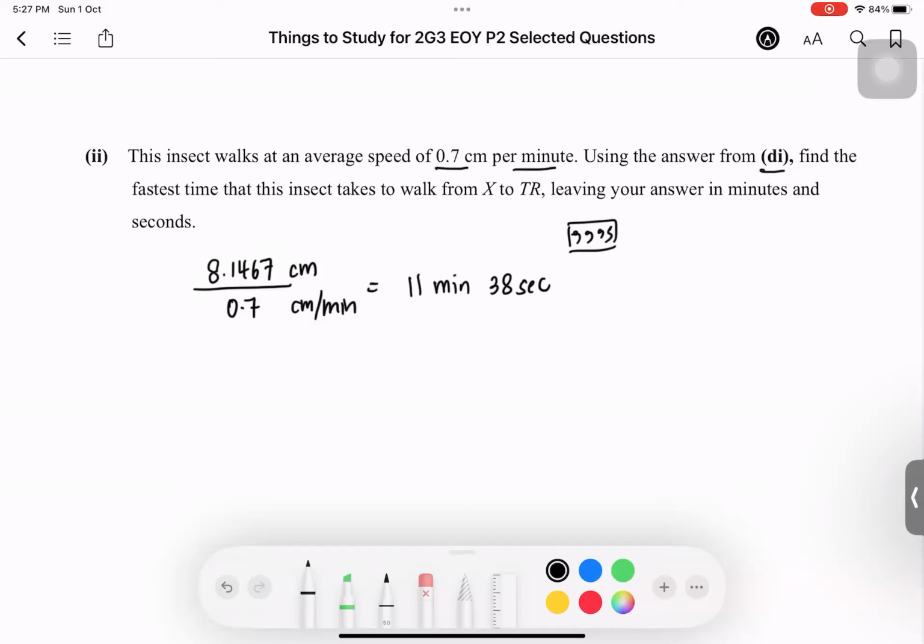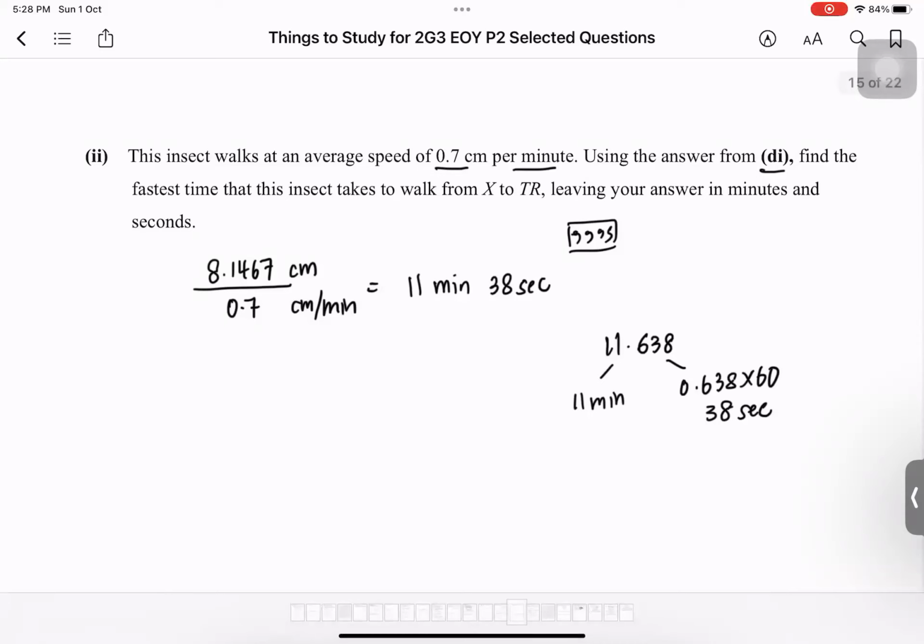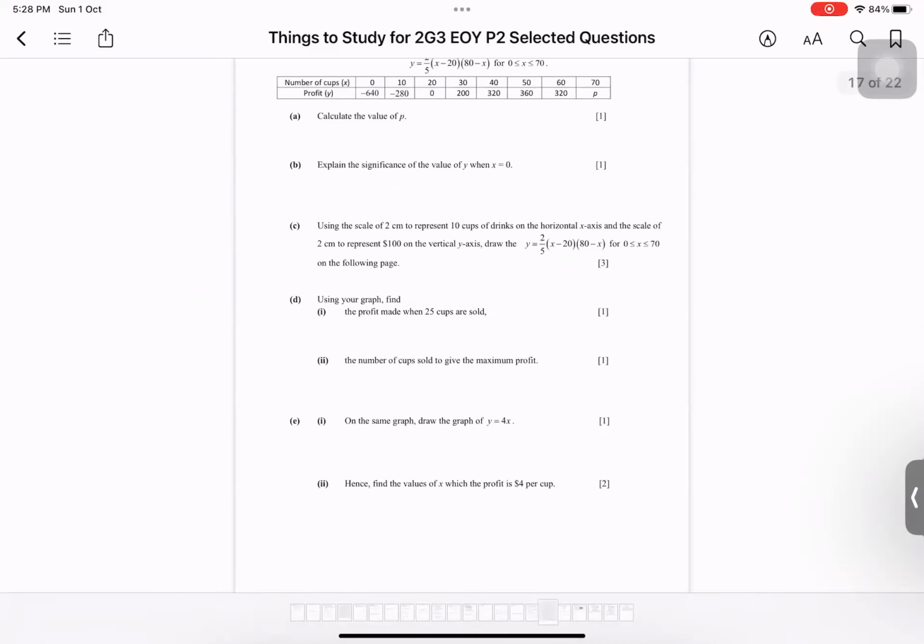If not, you'll get 11.638 something. This 11 is 11 minutes, but this 0.638 times 60 seconds gives approximately 38 seconds. So either you can use your calculator wisely and save some time, or you can work it out mentally.